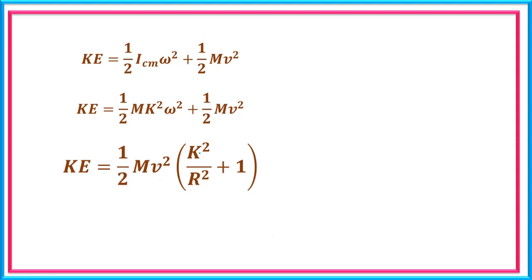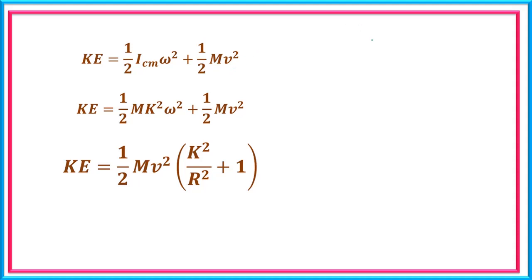Now again, let's do some mathematics and find how to resubstitute all these. What we have is the kinetic energy of a rolling body is equal to its rotational kinetic energy, that is half I omega square, plus its linear kinetic energy, that is half mv square.